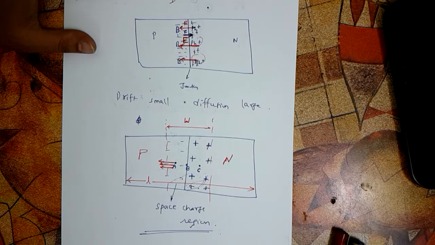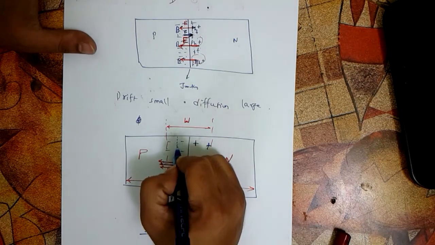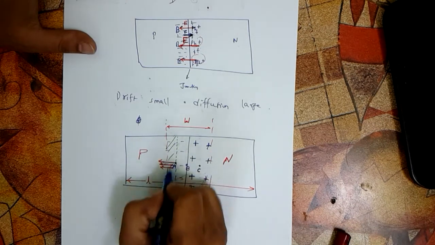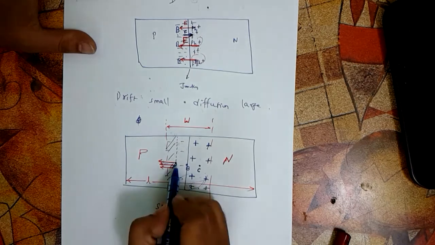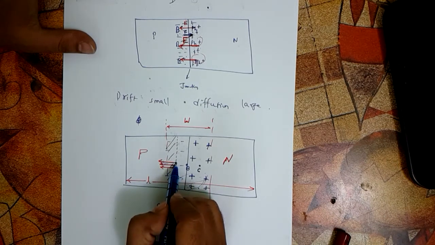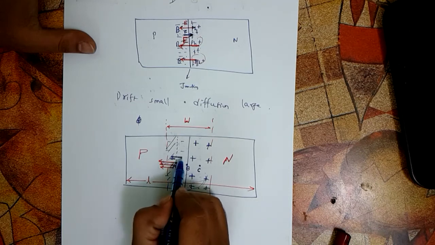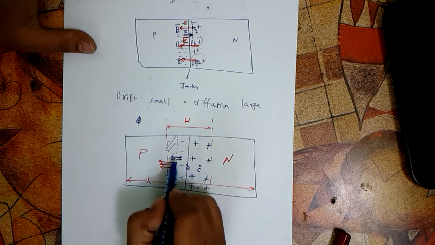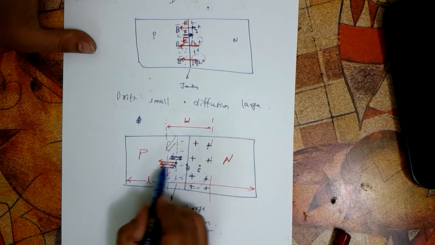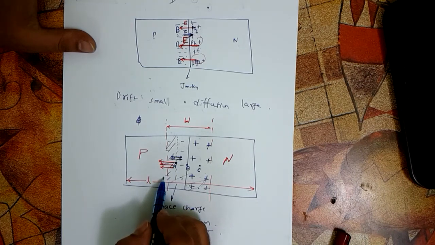Negative charges can be divided into two categories, these negative charges and these negative charges. So at A, the electric field created by these negative charges will be like this, towards them. But these negative charges will create electric field like this towards them. So the negative charges' electric field is somewhat getting cancelled out, and what remains is roughly the electric field of the positive charges.